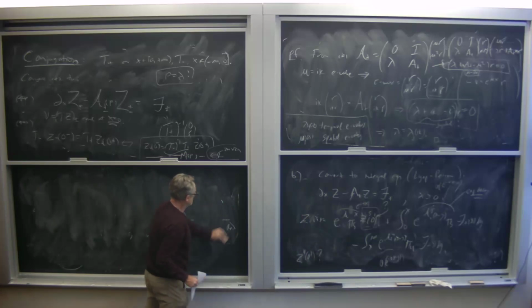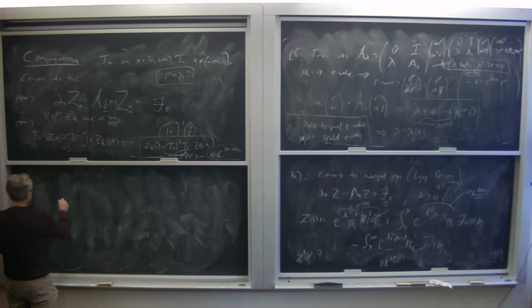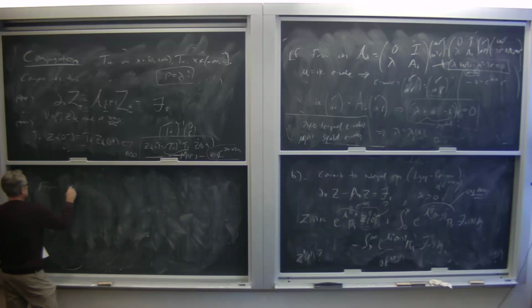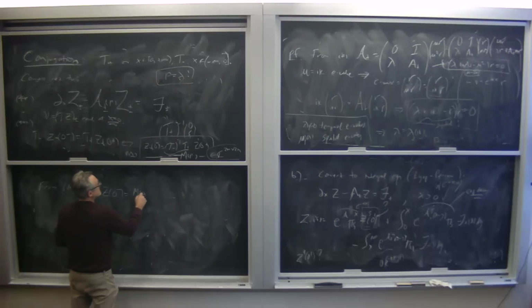Okay, so I notice the box says, which is, I guess, say M for matching. We have z of 0 minus is equal to M of lambda z of 0 plus.